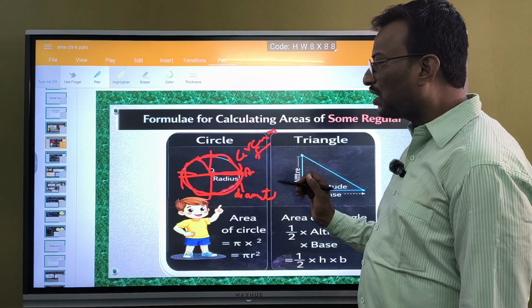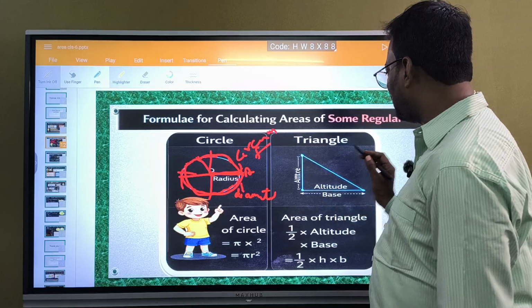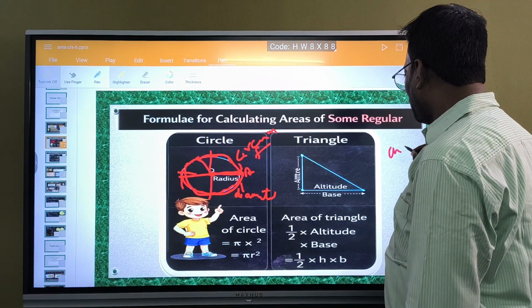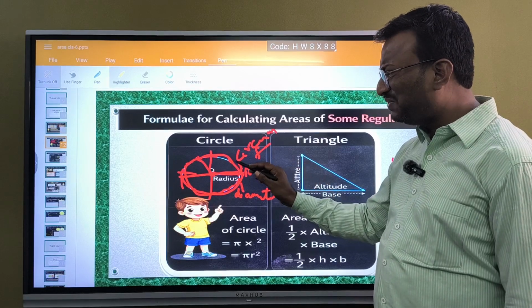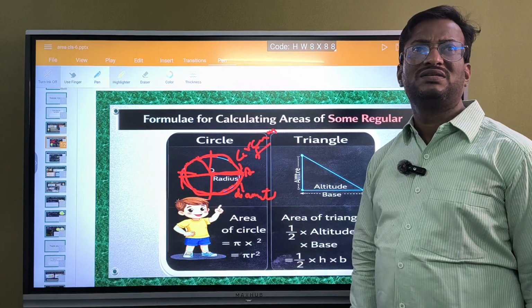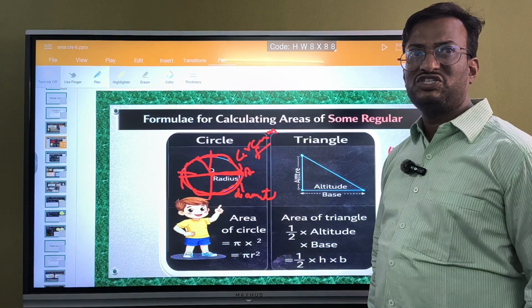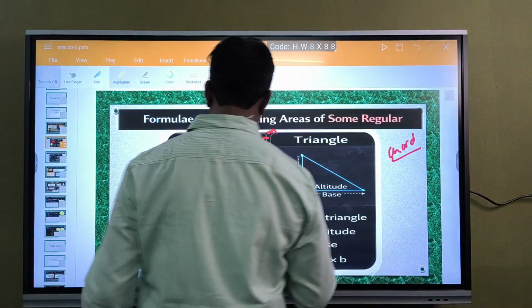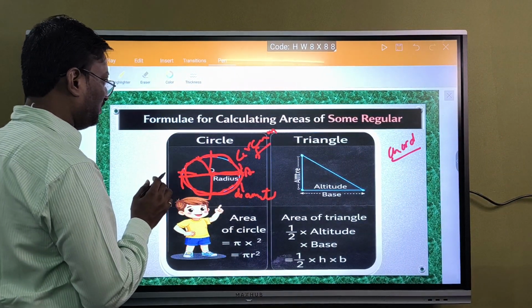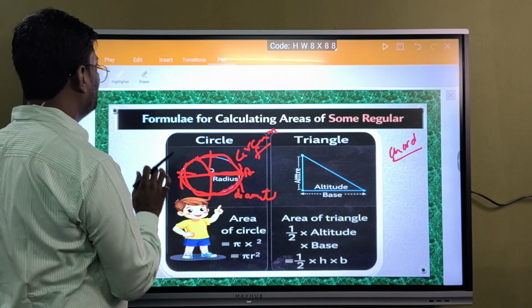And the next one is chord. So what is a chord, children? See here. A chord is the distance between any 2 points on the circle. A chord is a straight line segment which connects any 2 points. See here. So suppose this is a circle. Okay, let me erase it.